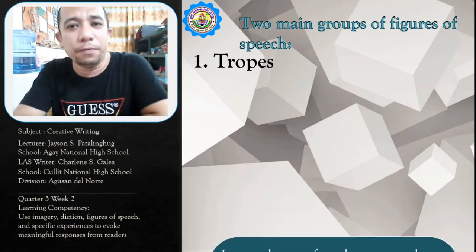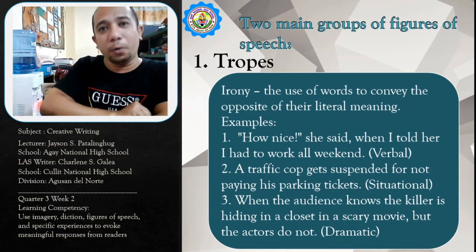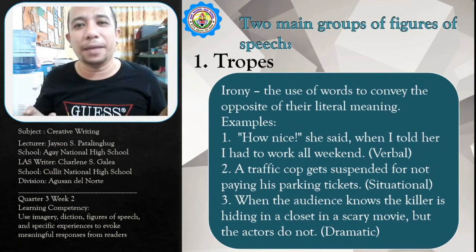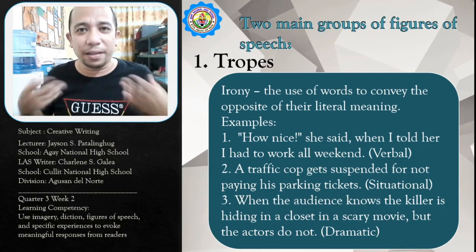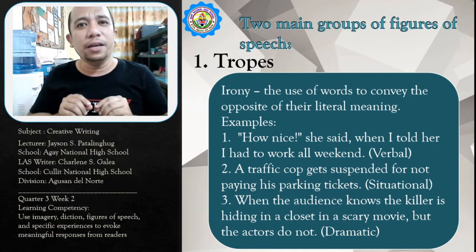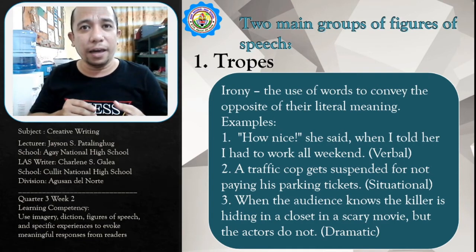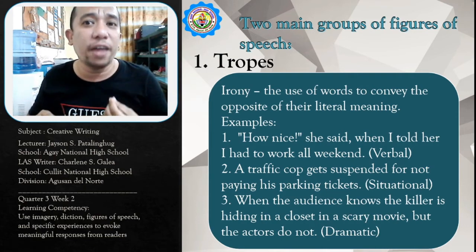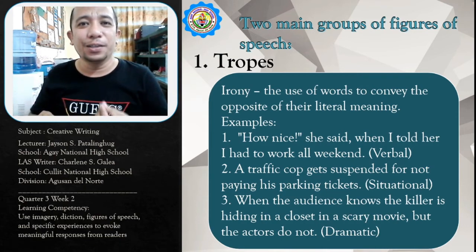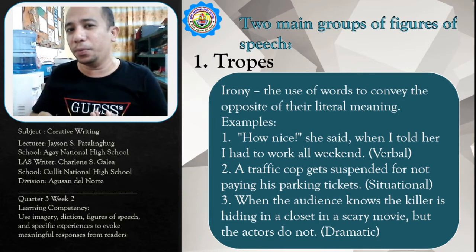The next type of tropes is what we call irony. If hyperbole is about exaggerating, irony is different. It uses words to convey the opposite of their literal meaning. So irony means opposite.